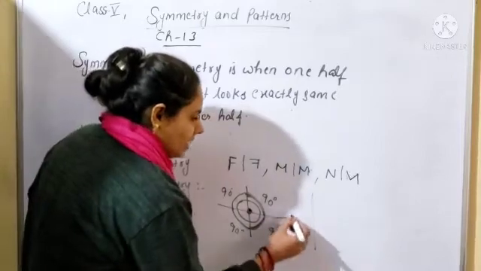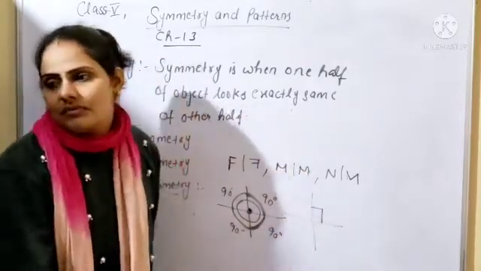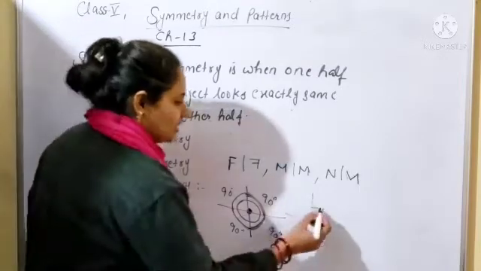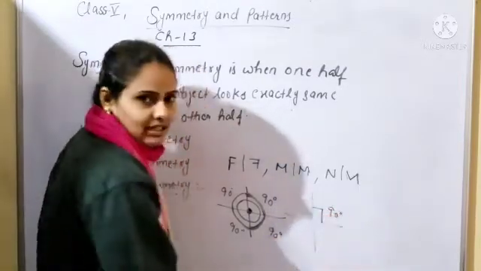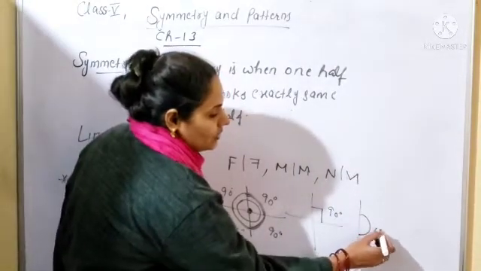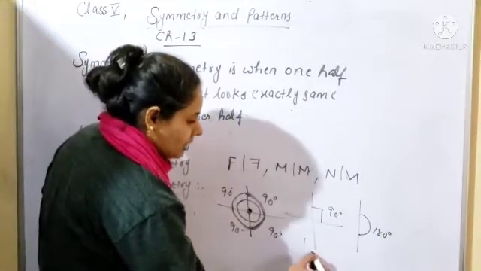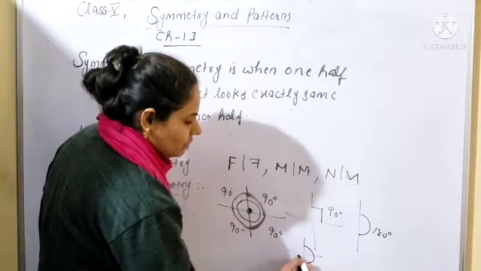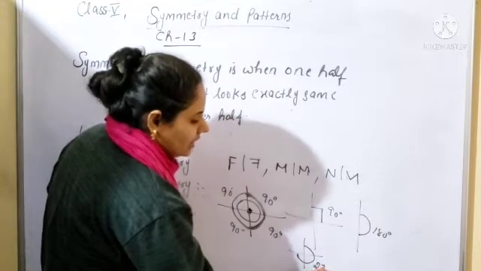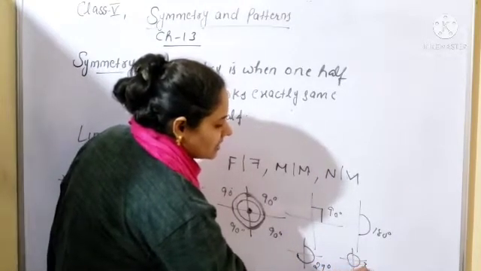When you take the 3/4 turn, from here to here, you get an angle of 270 degrees. And when you take the complete turn, it will be a 360 degree angle.